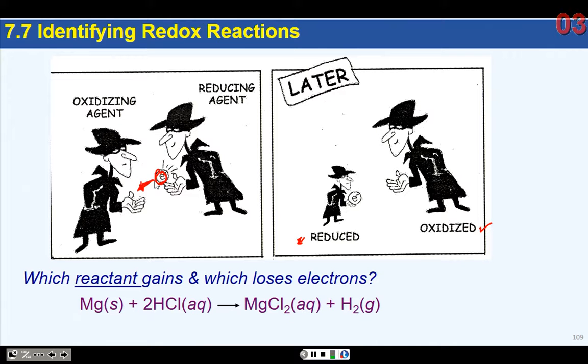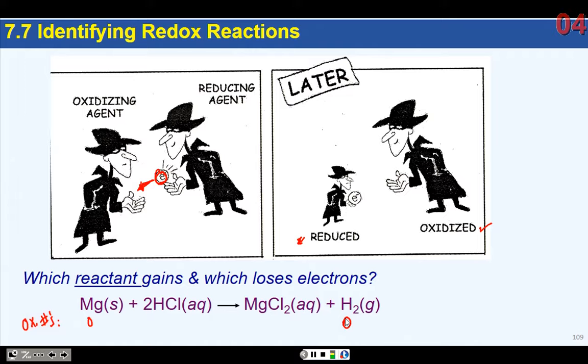So here's a simple reaction of magnesium with HCl. Which reactant is gaining and which is losing electrons in this context? So think about it in a simplistic way, remembering oxidation numbers are like charges. And so let's look at the oxidation numbers in these examples. In this case, magnesium is an element, so its oxidation number is 0, and hydrogen in the products is also an element, so its oxidation number is 0.